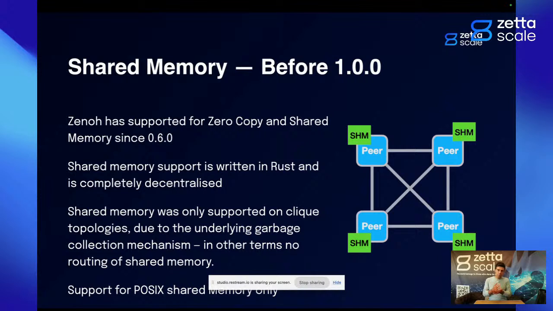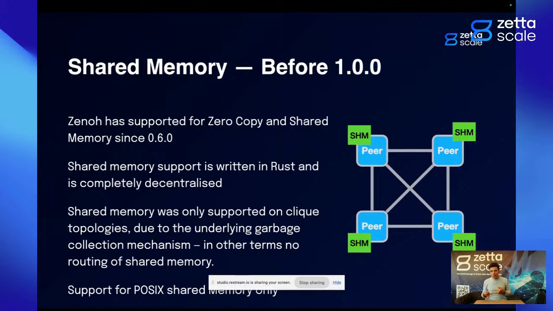Now, we had put on ourselves one topological restriction because it was making things a little bit easier, which was that we assume, in order to leverage our shared memory framework, that your application peers are communicating over a clique. Why did we put that limitation?